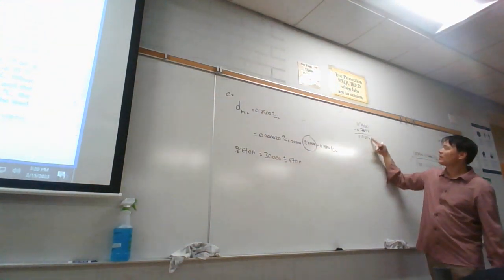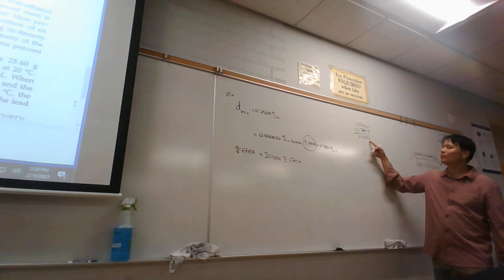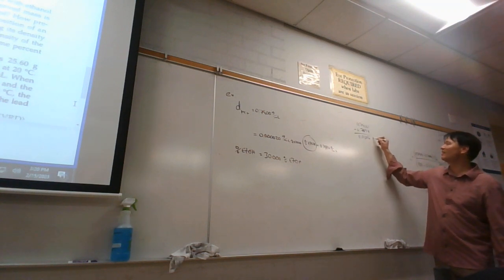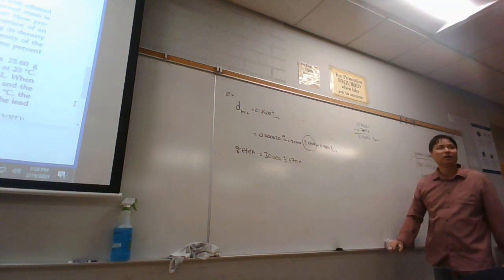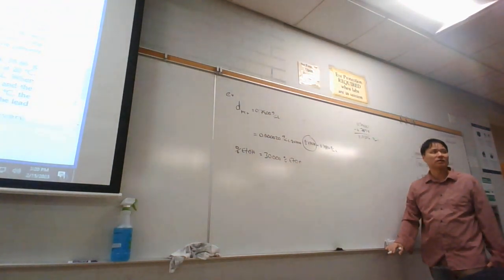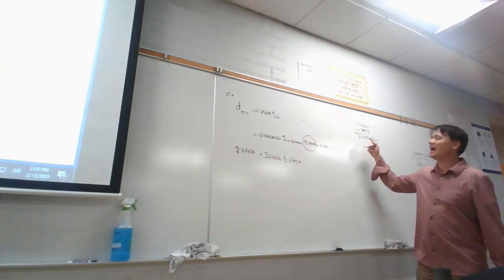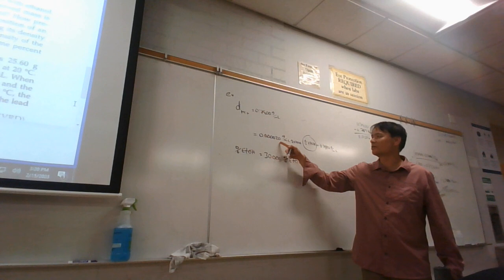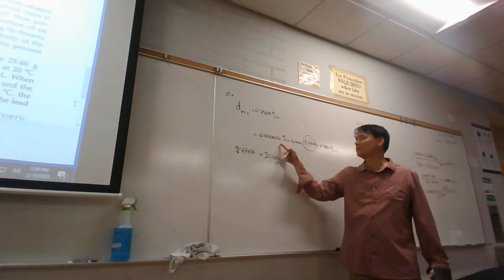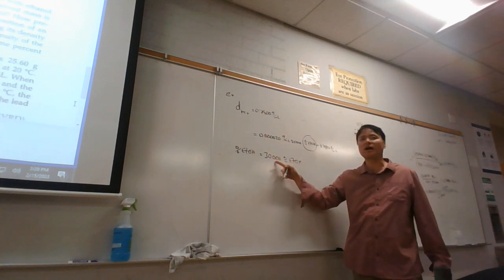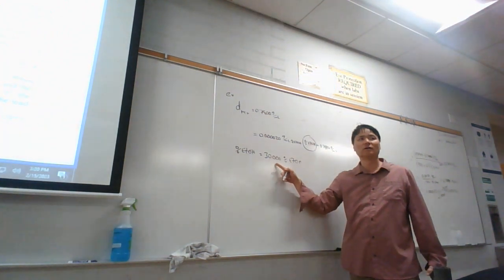I'm allowed 4 decimal places. If I'm allowed 4 decimal places, how many sig figs do I have in that? 1 sig fig. Okay, then I take that number and divide it by this. This has 2 sig figs. So if I take 1 sig fig divided by 2 sig figs, then how many sig figs am I allowed here? Just 1.